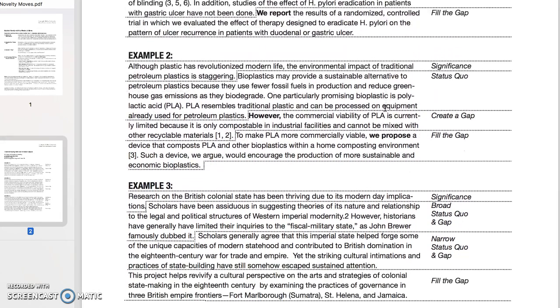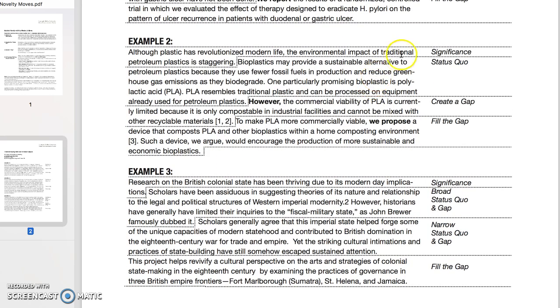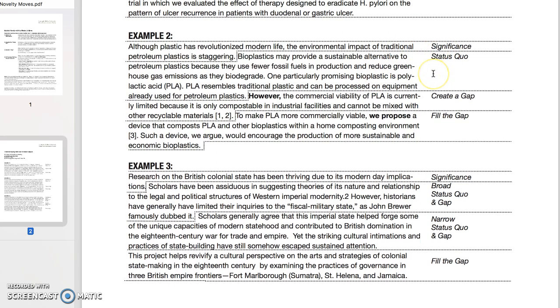So let's look at a second example to see how another author would use these same novelty moves. So to establish significance, in their first sentence they say, although plastic has revolutionized modern life, the environmental impact of traditional petroleum plastics is staggering.